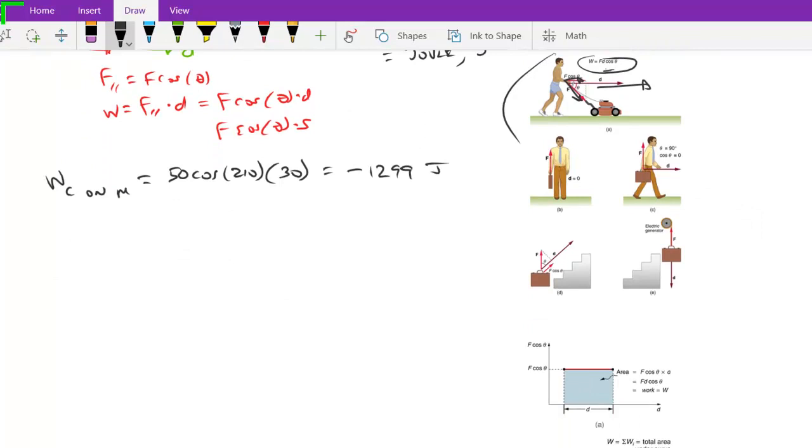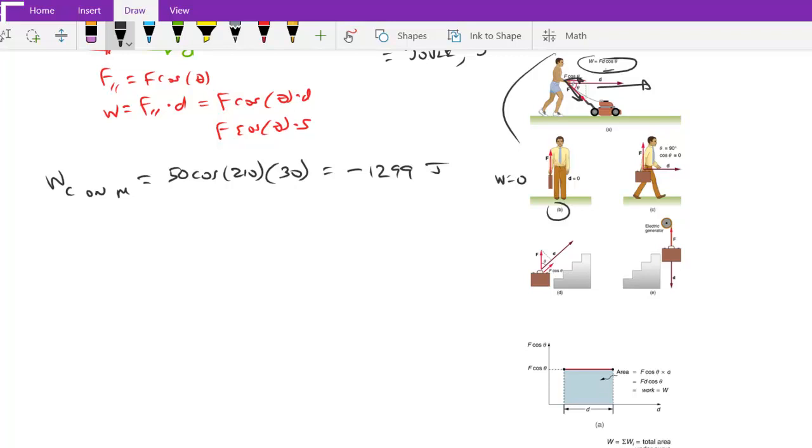This next figure, figure B, is a guy just standing here holding a briefcase. If he's just holding it, so there is no displacement, then the work here is equal to 0. Because the displacement is equal to 0, the work is equal to 0, similar to that pushing on a wall example.